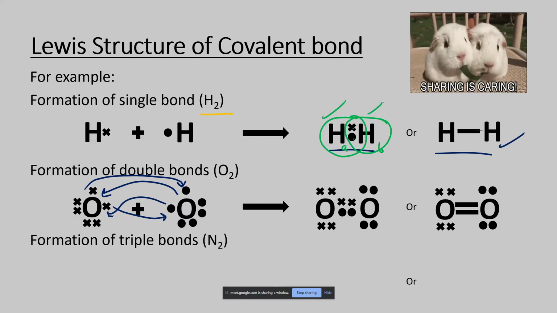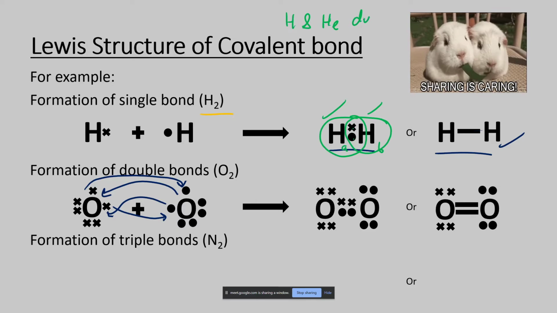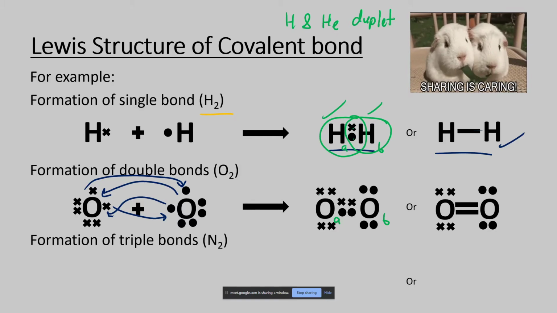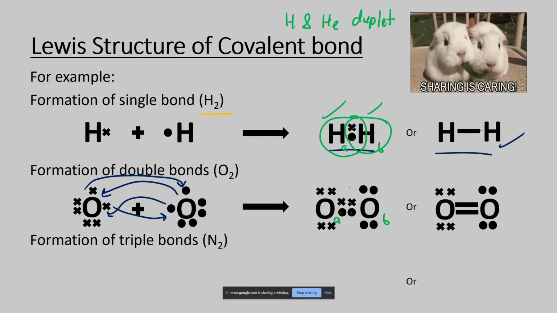Okay, let's look on oxygen pula. Okay, so just a general idea, only hydrogen and helium sahaja yang ada duplet lah, yang suka jadi duplet. Yang lain semua nak jadi octet. Okay, so oxygen dia nak jadi octet, dia perlukan 8 electron valence baru dia happy. So let's look on oxygen A and oxygen B. Oxygen A, dia ada 1, 2, 3, 4, 5, 6, 7, 8.